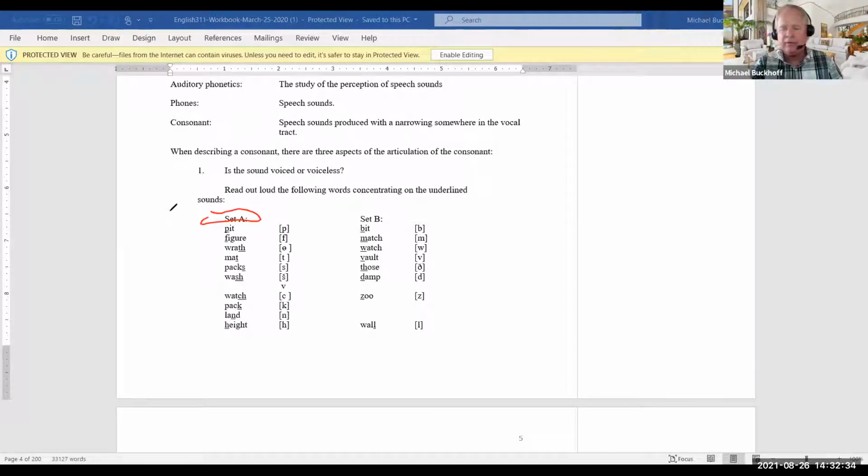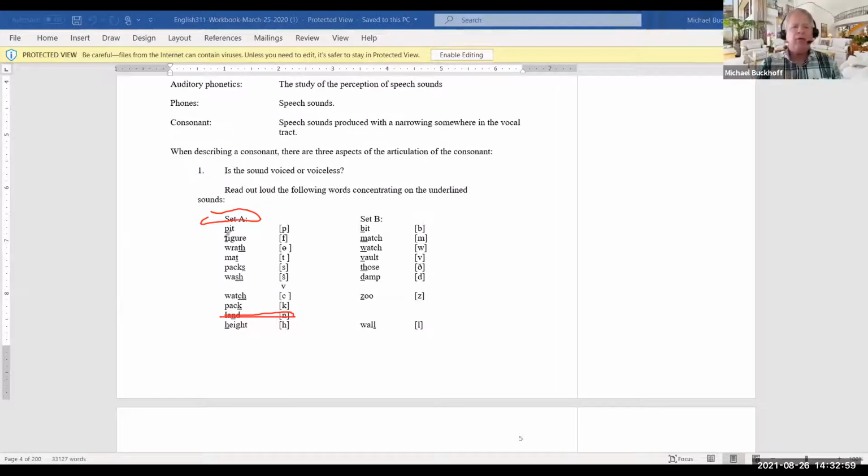Beatrice, can you go ahead and read all of those words there, beginning with pit? Okay, pit, figure, wrath, mat, packs, wash, watch, pack, and height.